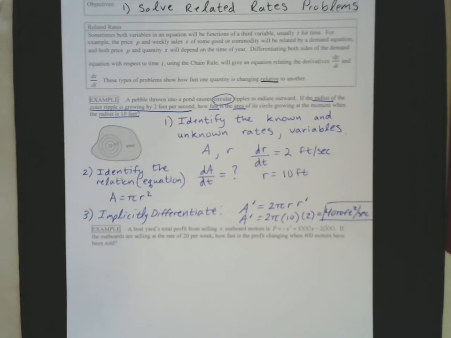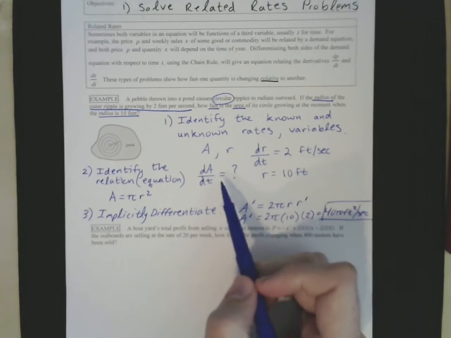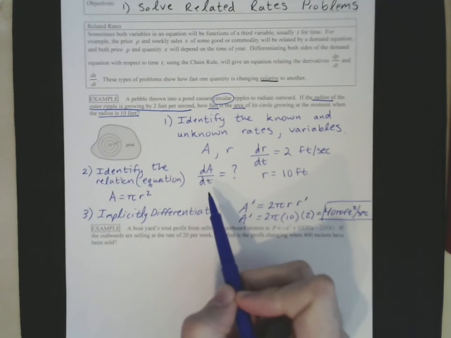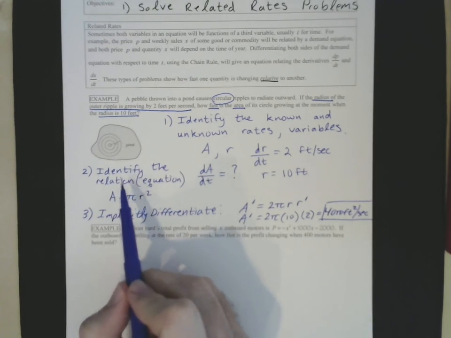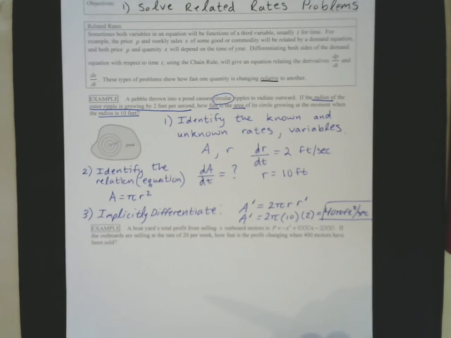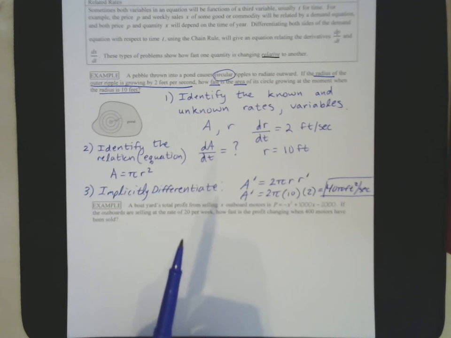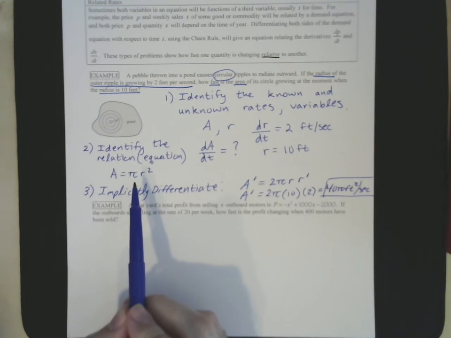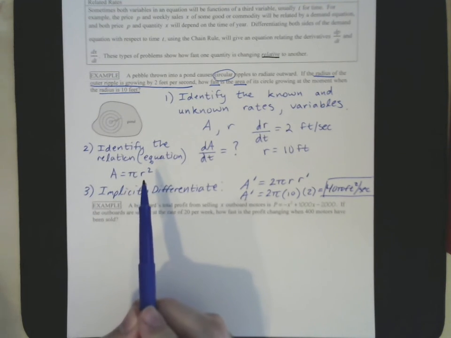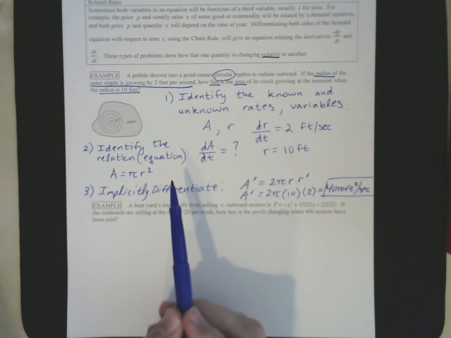So the majority of the work comes in correctly identifying all of your stuff and then making sure you have the right relation. And you want to make sure that you are not choosing something that has more than one variable in it.